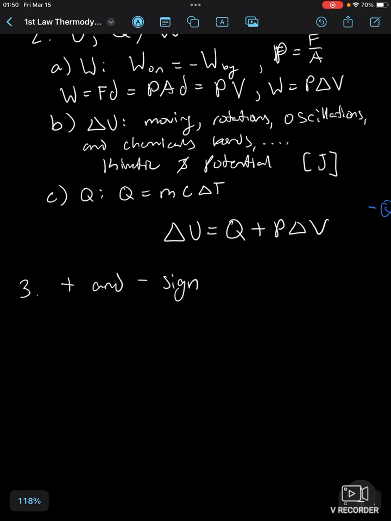This is sometimes a bit confusing, frankly. Even when I was looking at this, I wanted to make sure that I was doing this correctly. And it sometimes is a bit hard because textbooks will say either by the system or on the system. Frankly, sometimes it seems like they contradict themselves a bit too, to make this even more confusing.